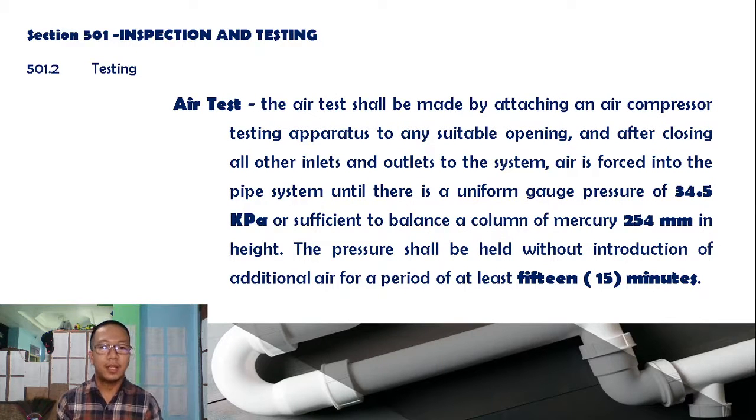Air test. The air test shall be made by attaching an air compressor testing apparatus to any suitable opening. It's either sa sink, basta it is a suitable opening, basin sa CR.